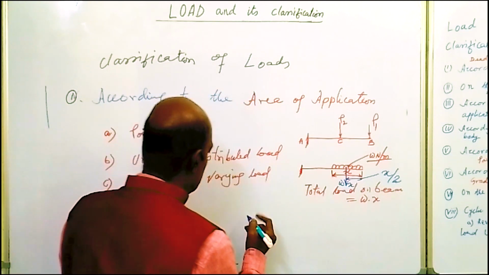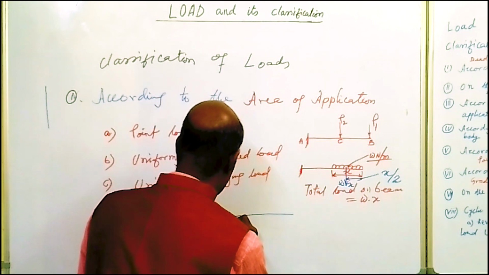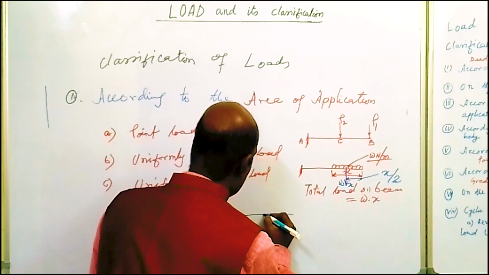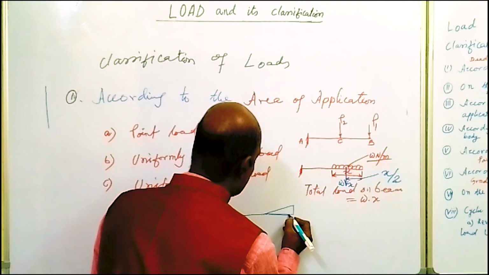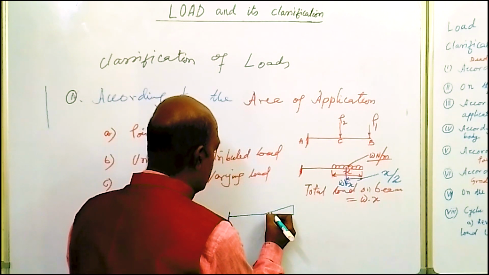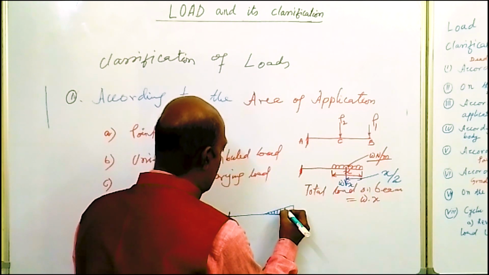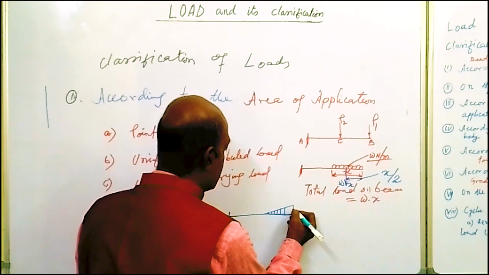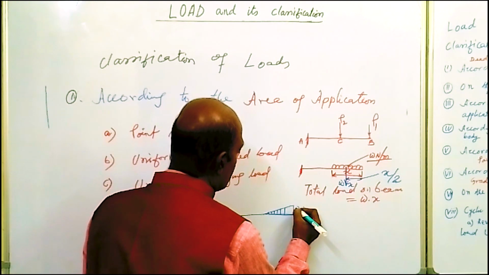Varying load. So consider a beam, say a cantilever beam, and the load is distributed like this. That means the magnitude of the load is uniformly increasing, or from this side, if we see, it is decreasing, and the maximum load value is W Newton.